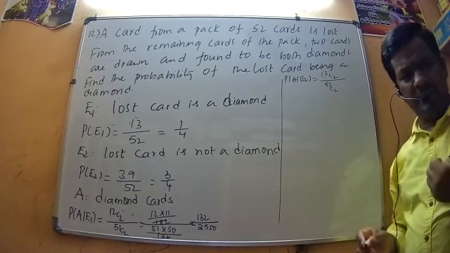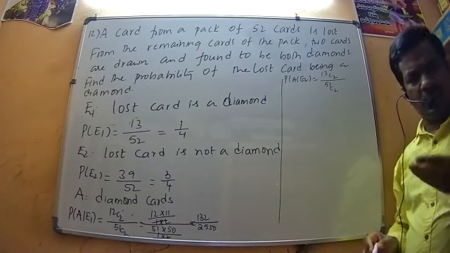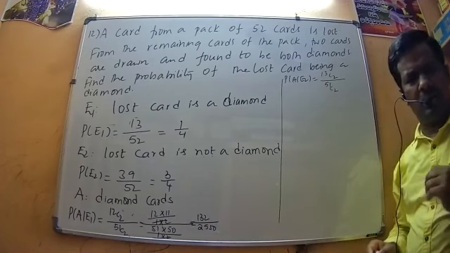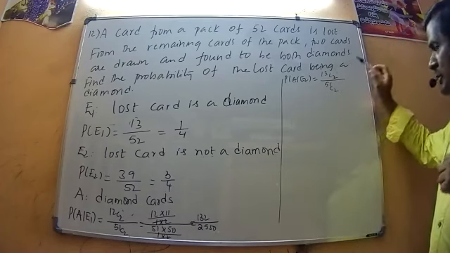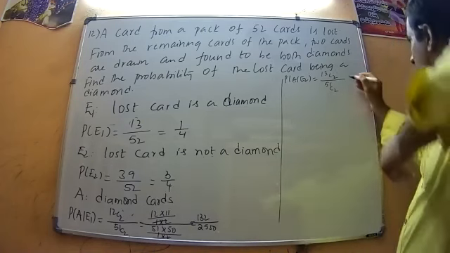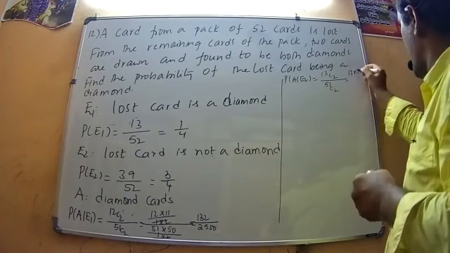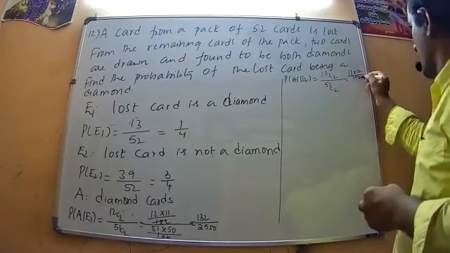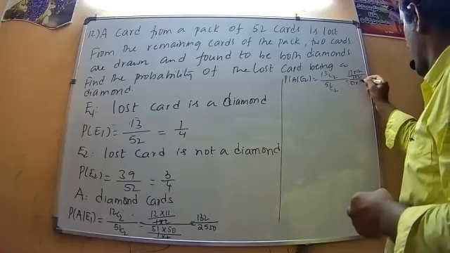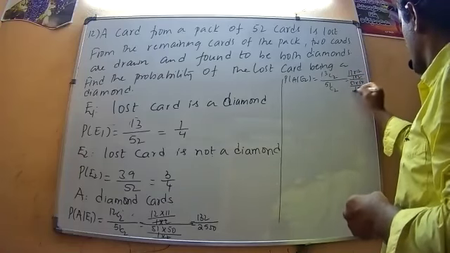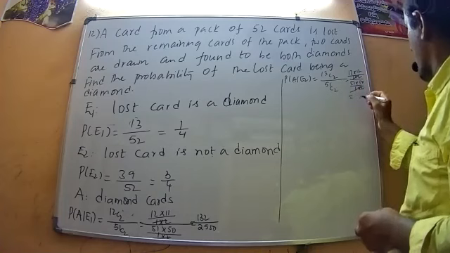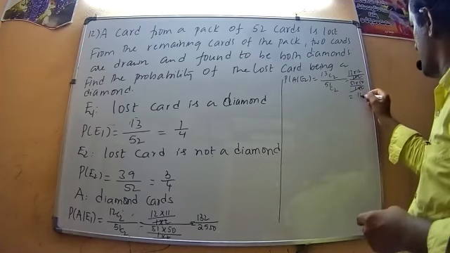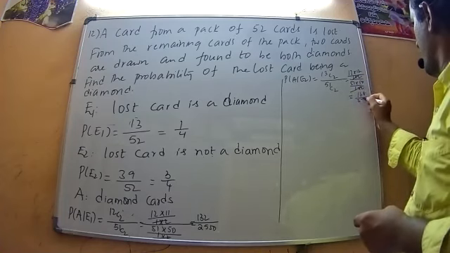How many diamond cards are there? 13. So among the diamond cards I want two cards, 13C2 by 51C2. If we simplify this, this is 13 into 12 by 1 into 2. Here also 51 into 50 by 1 into 2. So 13 12s, you are going to get here 168 by 2550.